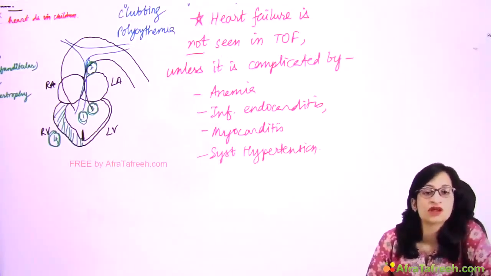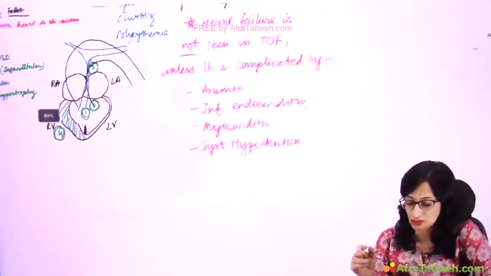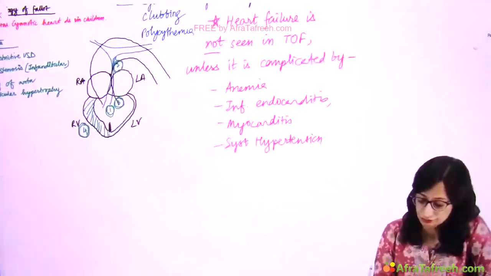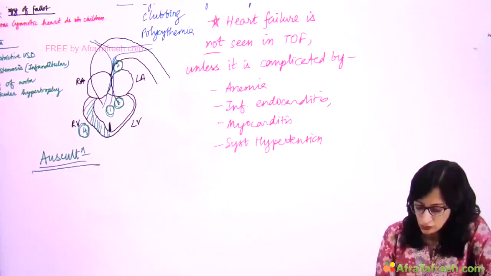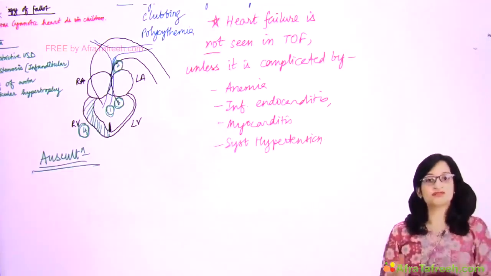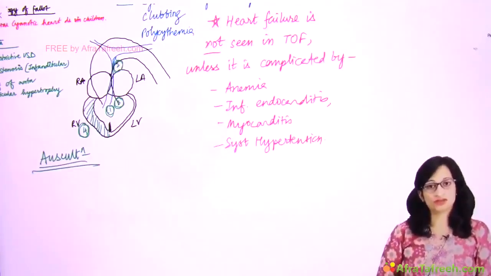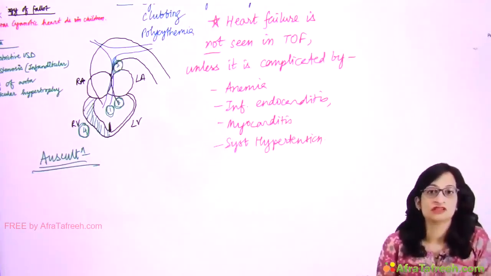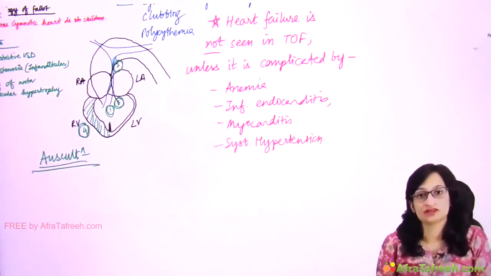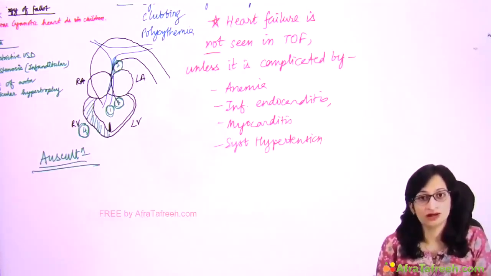Now let us see what the auscultation findings are in Tetralogy of Fallot. What do you get on auscultation in TOF? Even though a ventricular septal defect is an integral part of the tetralogy, no murmur is seen because of the ventricular septal defect. Why?